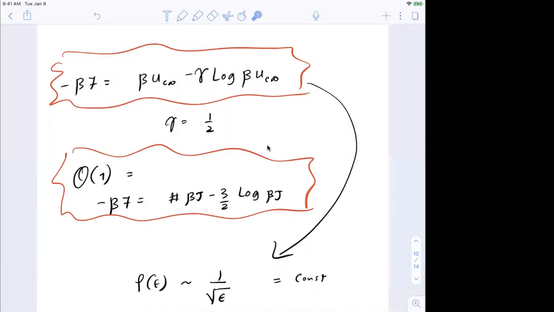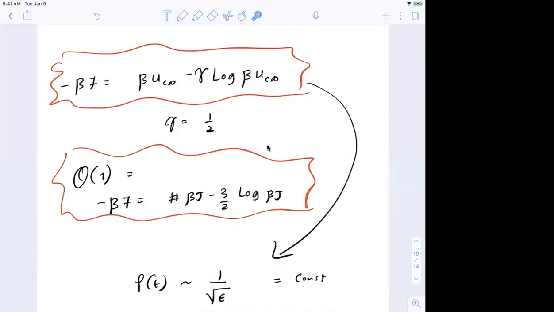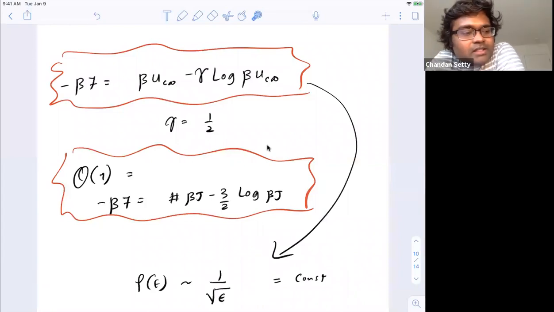So I had one other question. If you replace the Green's function with, say, some unparticle or power law Green's function, what would you get? How would things change? The thing with the power law Green's function is it does not have a Luttinger surface.